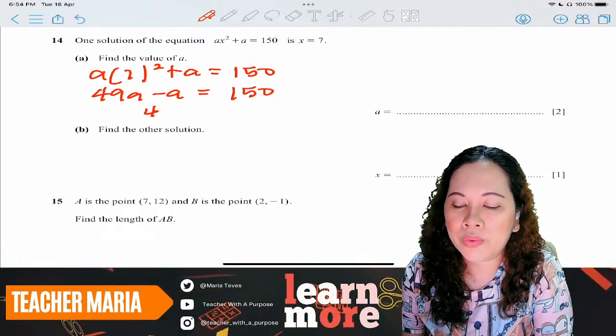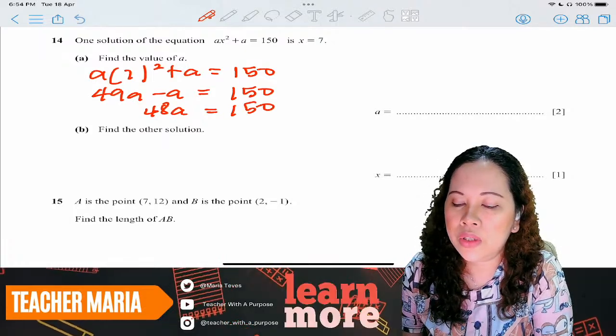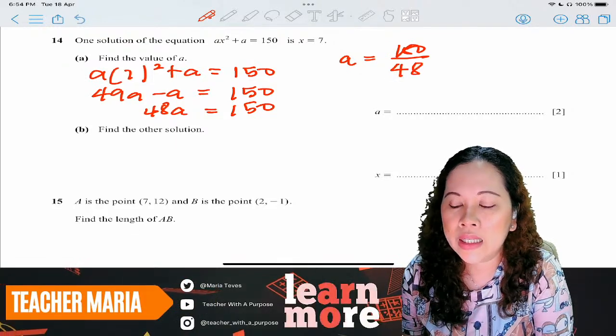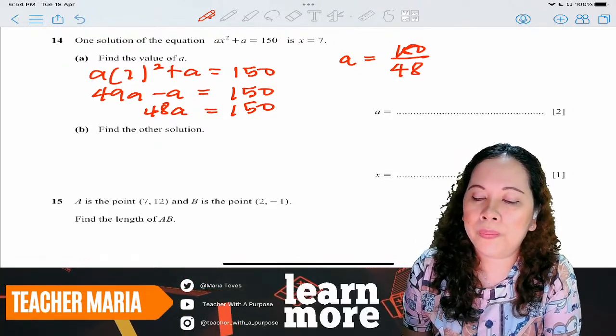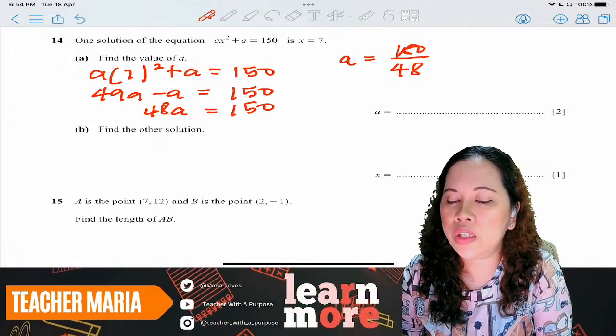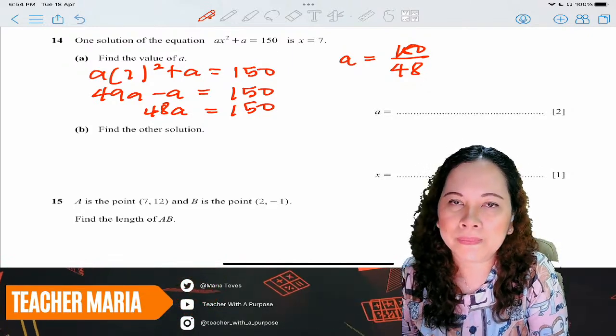And then this will be 48a equals 150. And then you just need to divide 150 by 48 to find the value of a. So you just need to solve that with your calculator.